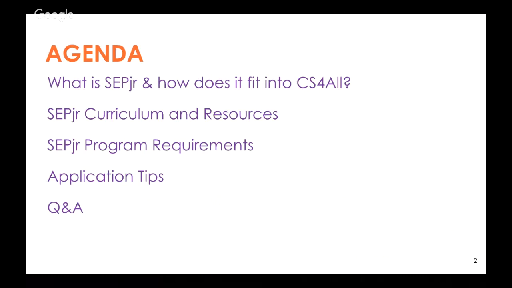Talk a little bit about the SEPjr curriculum and resources as they'll apply to participating schools. Then the SEPjr program requirements, what we're expecting of teachers and schools that are coming into the program, as well as the requirements of the participation and long-term expectation. We'll also have some application tips, and then finally an opportunity for questions and answers.